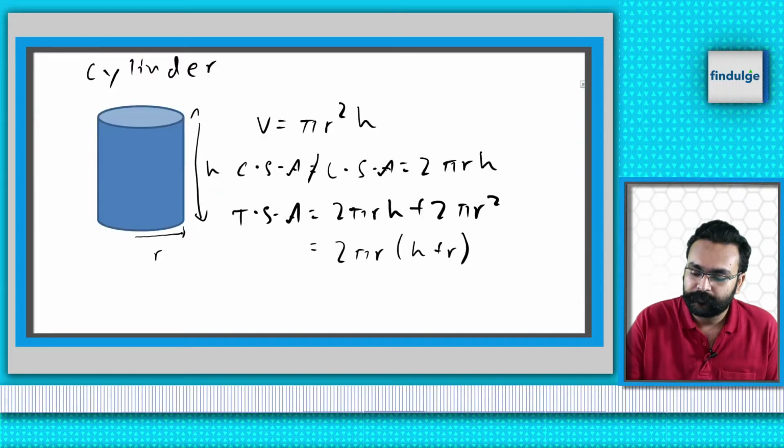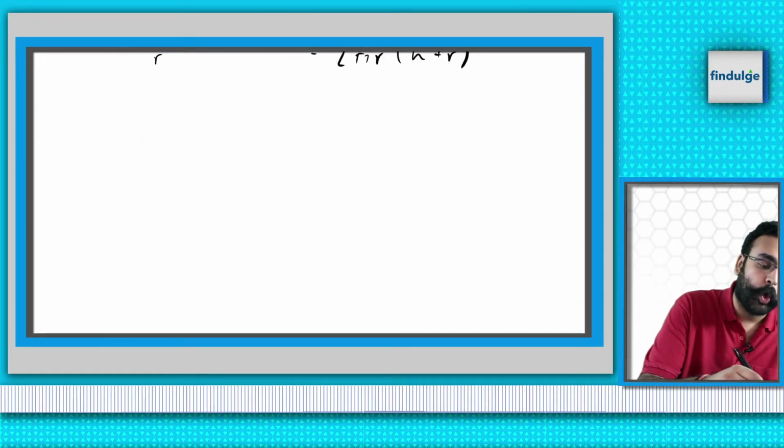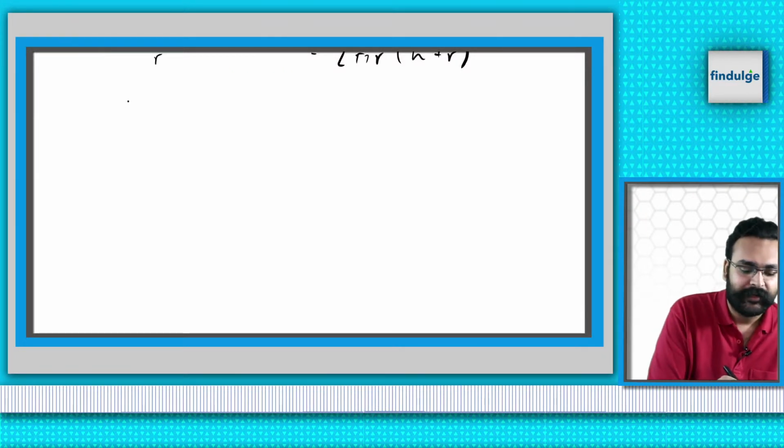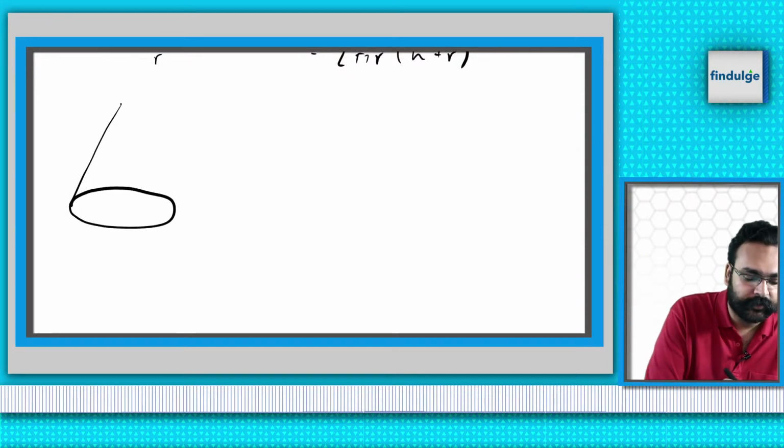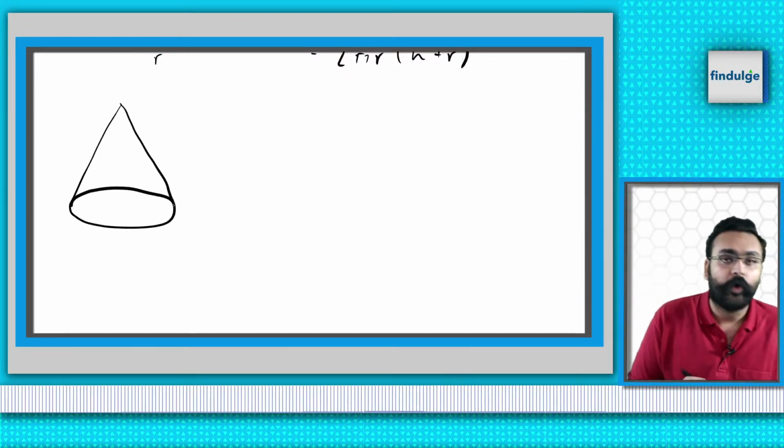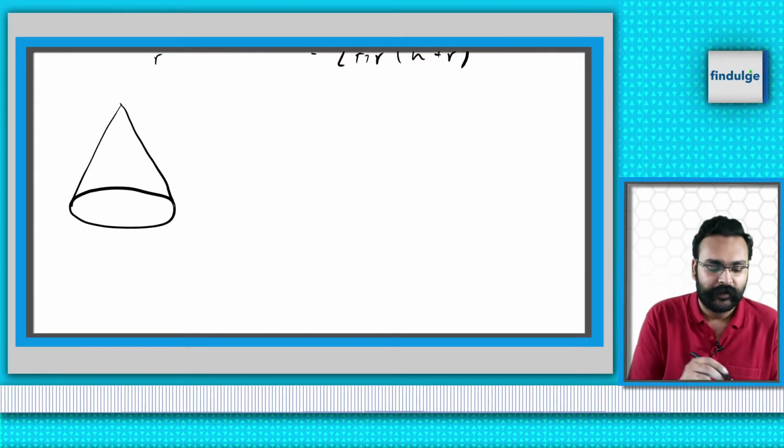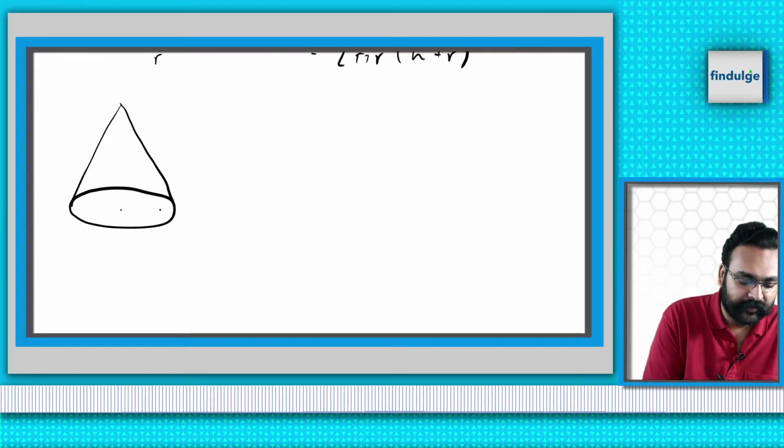Let's move on to a cone. Now, the thing about a cone is that the formulas of the cone are related to the formulas of the cylinder. Now, the cone will have your radius again.